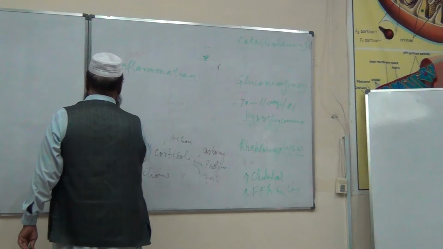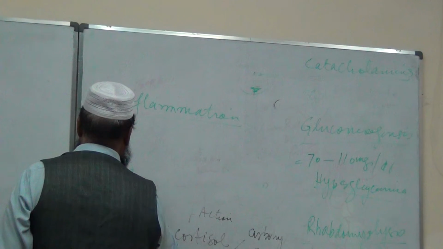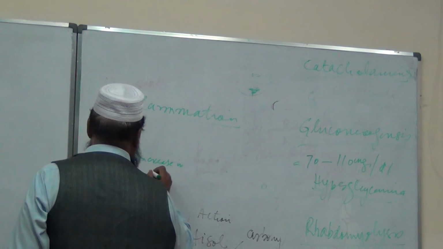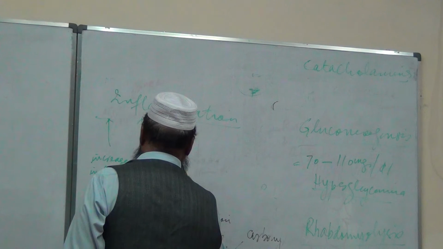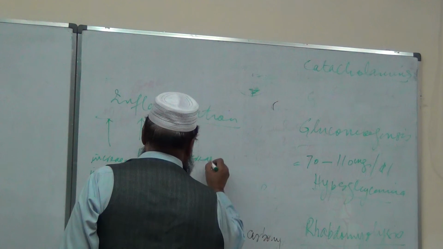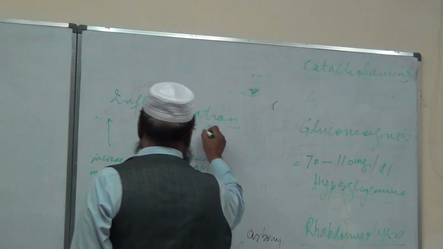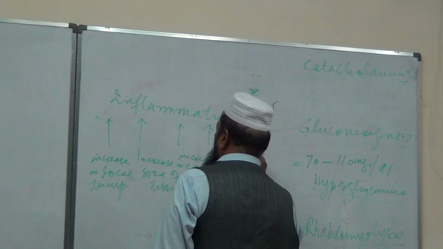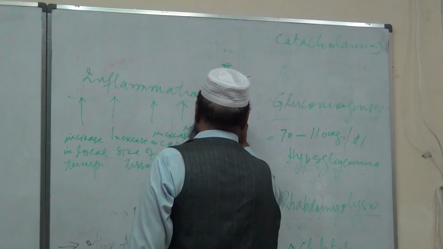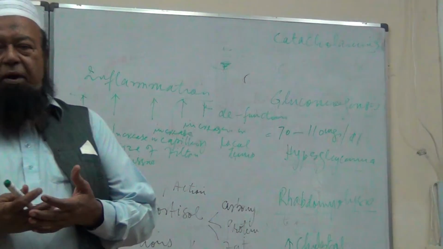That is, number 1, increase in local temperature; number 2, increase in edema or increase in the size of local tissues; number 3, increase in capillary filtration; number 4, increase in local temperature; and the 5th is defunctioning, transient loss of function. They are the 5 pillars on which the inflammatory process stands.